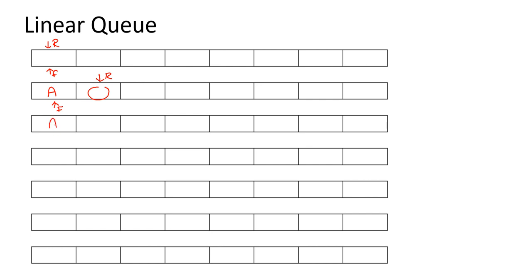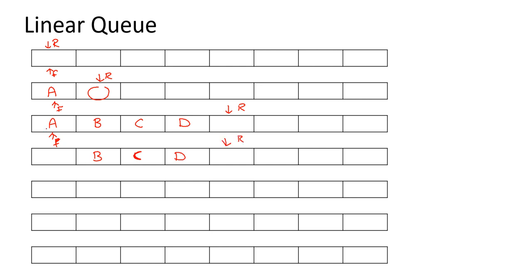So we add a few more elements. The front of the queue remains. Let's add B, C, D, and the rear would now be here. If we're wanting to take off from the queue, well, we take off from the front because this is a first in, first out data structure.